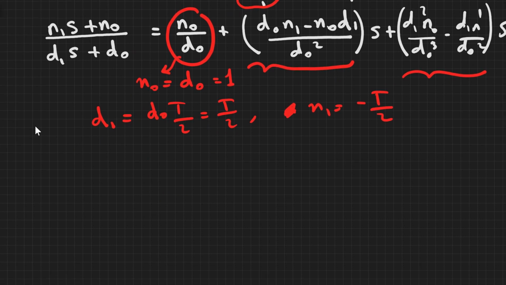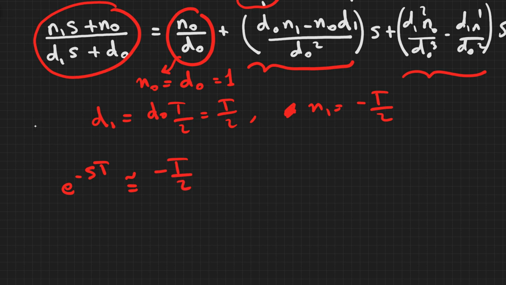If you then substitute in this expression, you will find that e to the minus st is approximately equal to n1, which is negative t over 2, times s plus 1, divided by t over 2 times s plus 1.